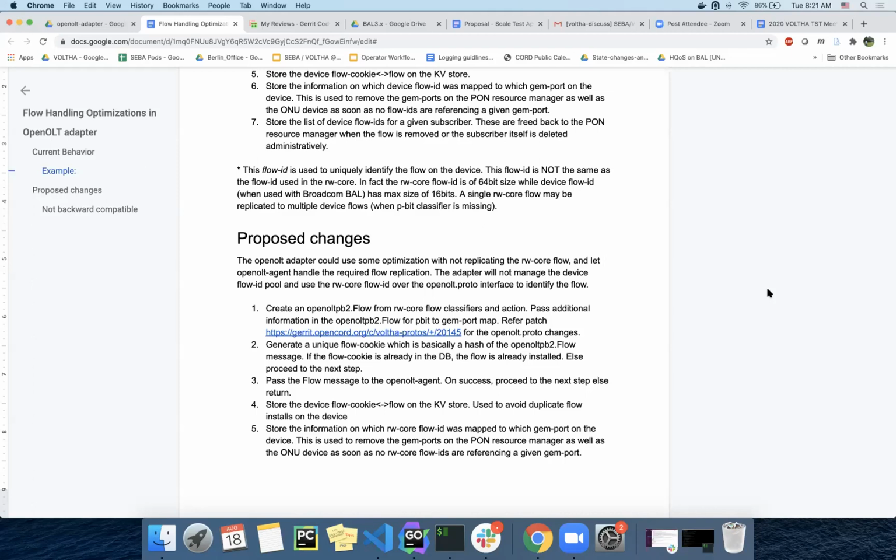the entire OLT reboot? To me, as of today, any process crashes on the OLT. Let me not say any process. So there are only two processes on the OLT, as of today. One is the BAL process and another is the agent process. So if any of these processes crash, we cannot recover.